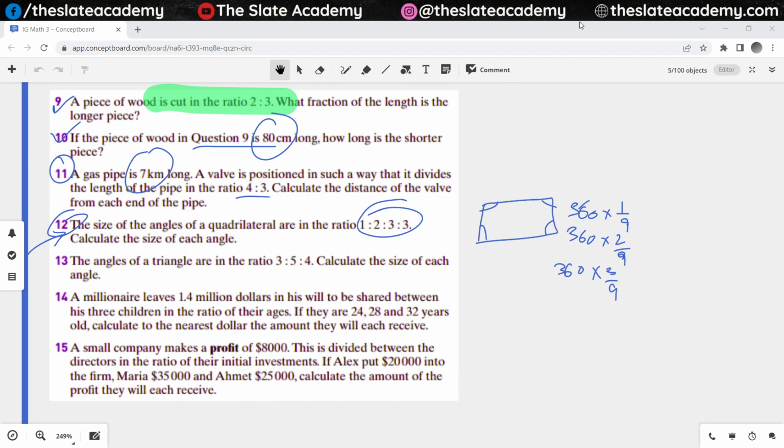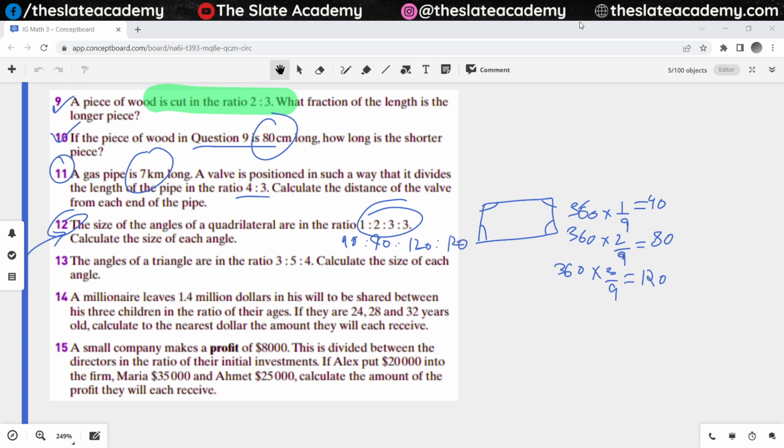It would be 40, it would be 80, it would be 120. And it would be one more 120 because there are four angles. So 40 ratio 80 ratio 120 ratio 120.